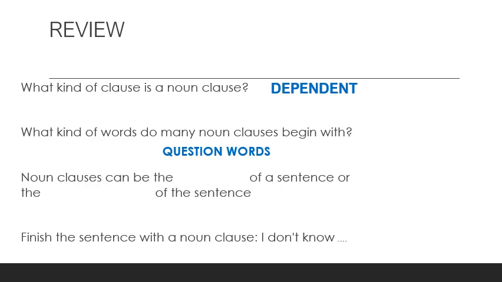Be careful. Noun clauses are not questions. They follow a different word order, but they do begin with question words. Noun clauses can be used as the subject or the object of the sentence.